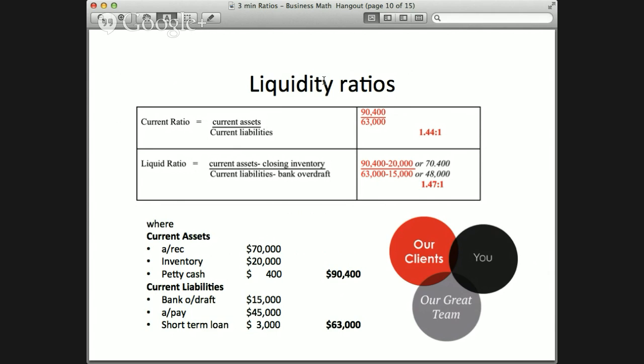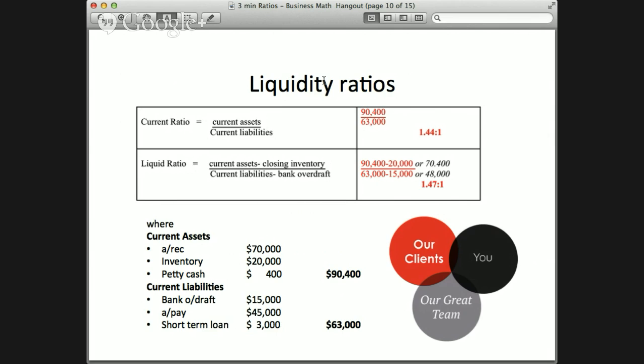Now the liquid ratio is a little more true, if you like. It's the current assets less closing inventory or stock, and current liabilities less the bank overdraft. Look, I know that the inventory is considered a current asset, and the bank overdraft is a current liability. However, it could be argued that selling all your stock immediately or overnight, and the bank requiring you to pay your overdraft immediately, is really not common practice in the business environment.